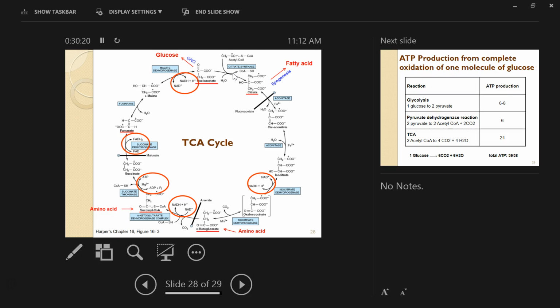So this pathway we consider as anaplerosis. And the pathway where, for example, citrate or oxaloacetate leaves the TCA cycle for other pathways of metabolism is called cataplerosis.